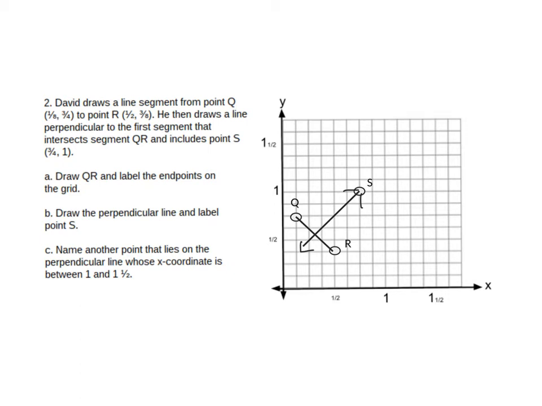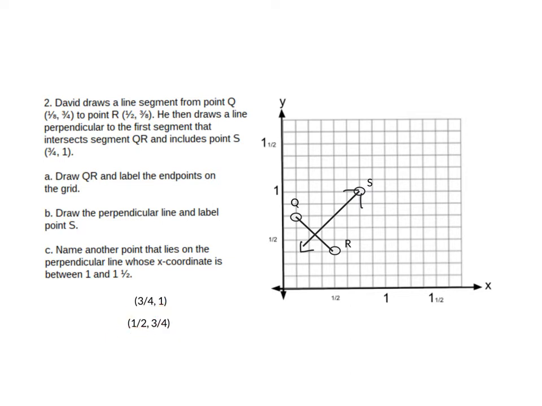This says name another point that lies on the perpendicular line whose x-coordinate is between 1 and 1.5. Let's look at some of our points. This one is 3/4, 1. This one is 1/2, 3/4. If we look at these numbers, we can see that the rule is plus 1/2.